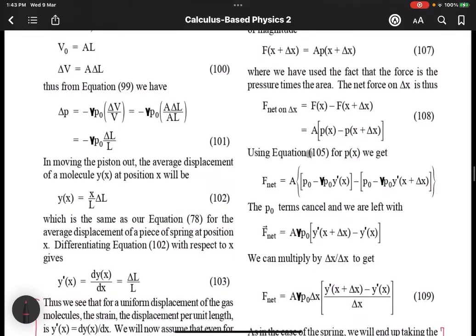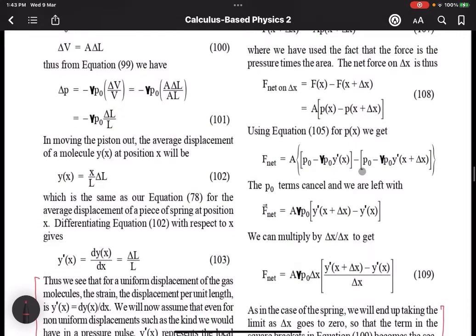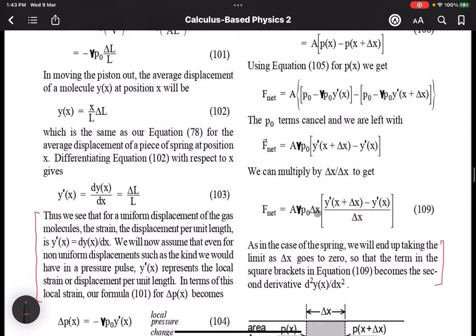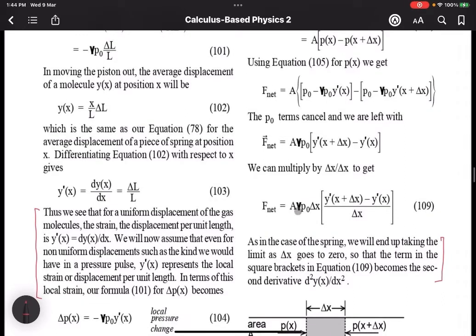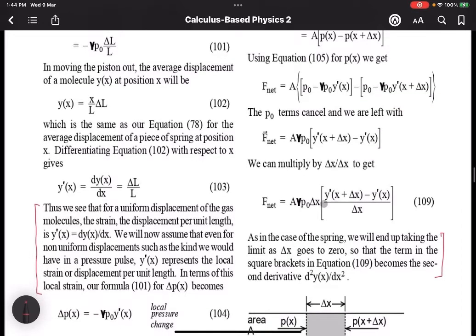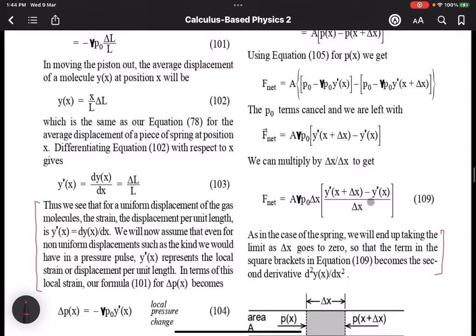So, using equation 105, we will have the following derivation. We will have the net force equivalent to the area times the constant heat ratio, gamma, times P0 times the change in x times our second derivative application.